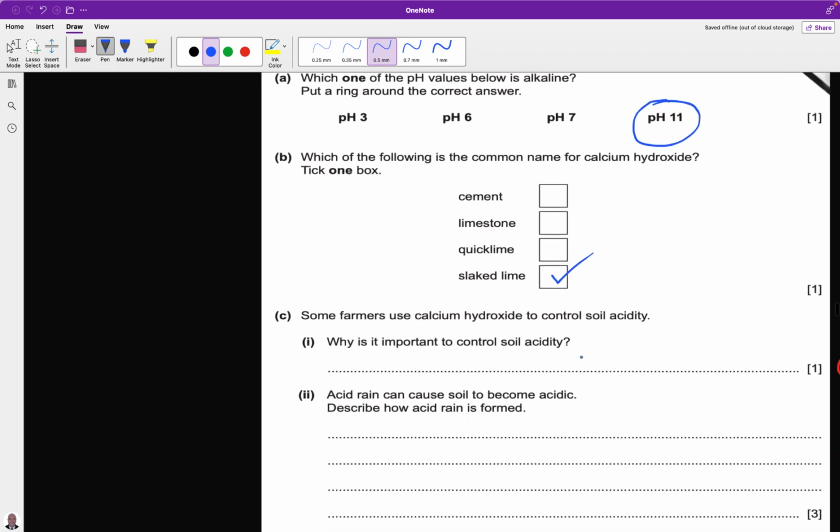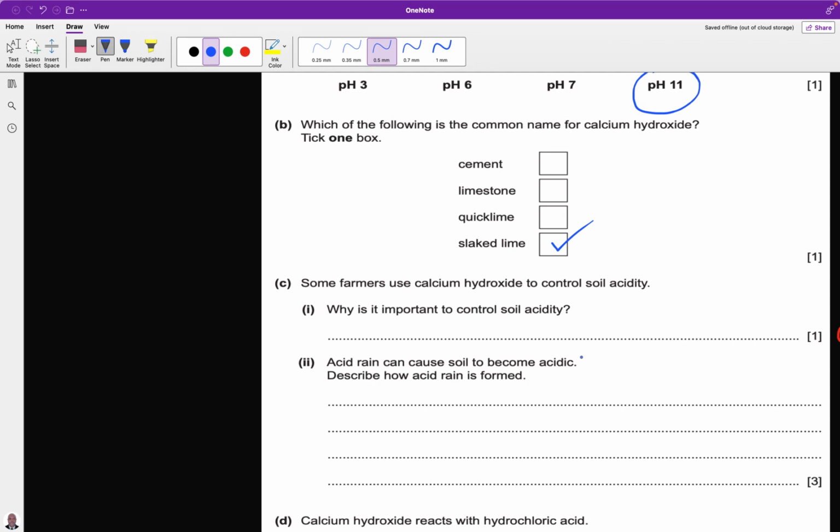Some farmers use calcium hydroxide to control soil acidity. Why is it important to control soil acidity? It is important because some plants do not grow in acidic soil. Even if they grow in acidic soil, their yield will not be good.